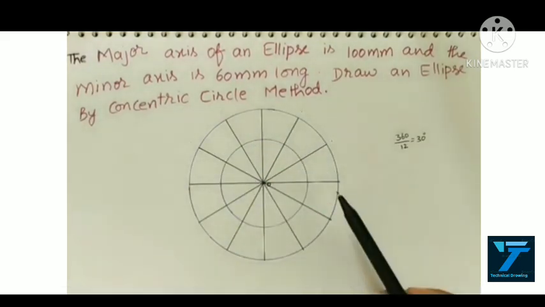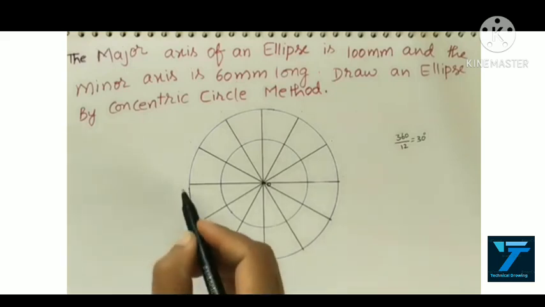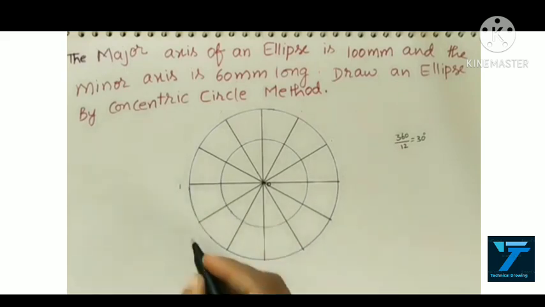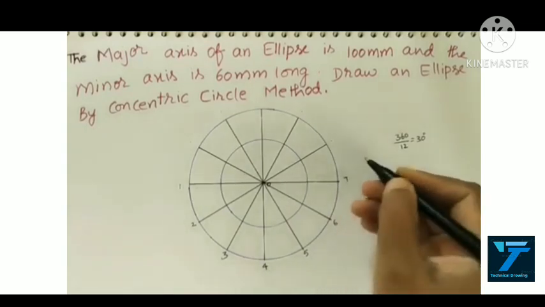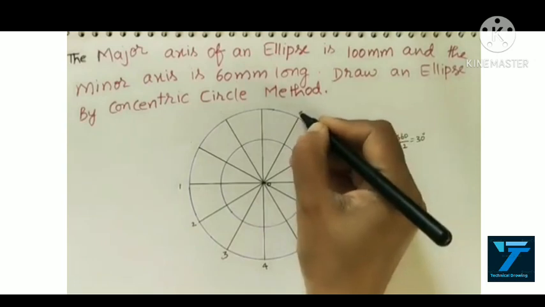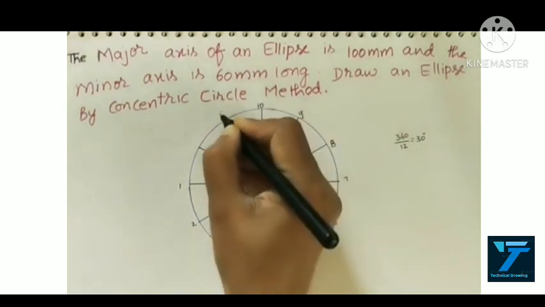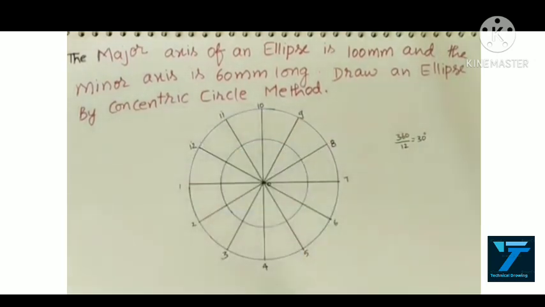After getting this, give the numbering. Here I am starting from this side: 1, 2, 3, 4, 5, 6, 7, 8, 9, 10, 11, 12. We did 12 divisions here.